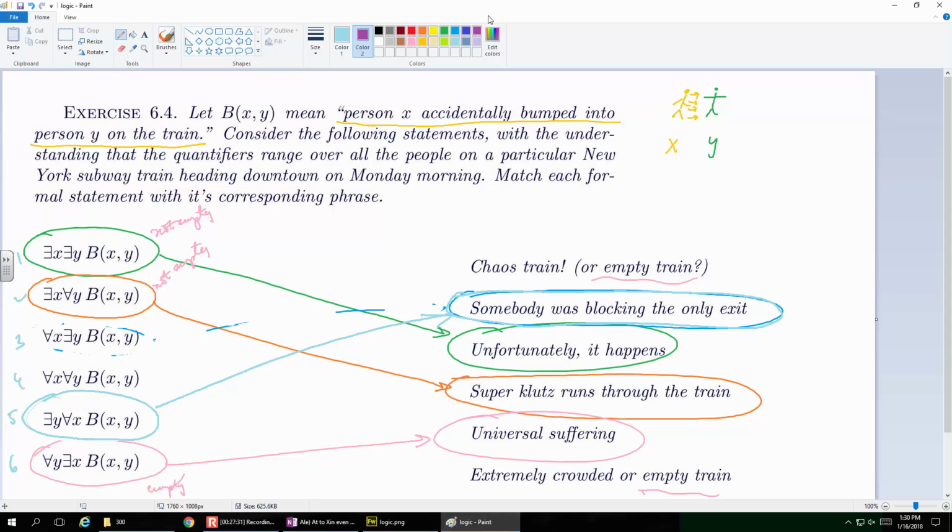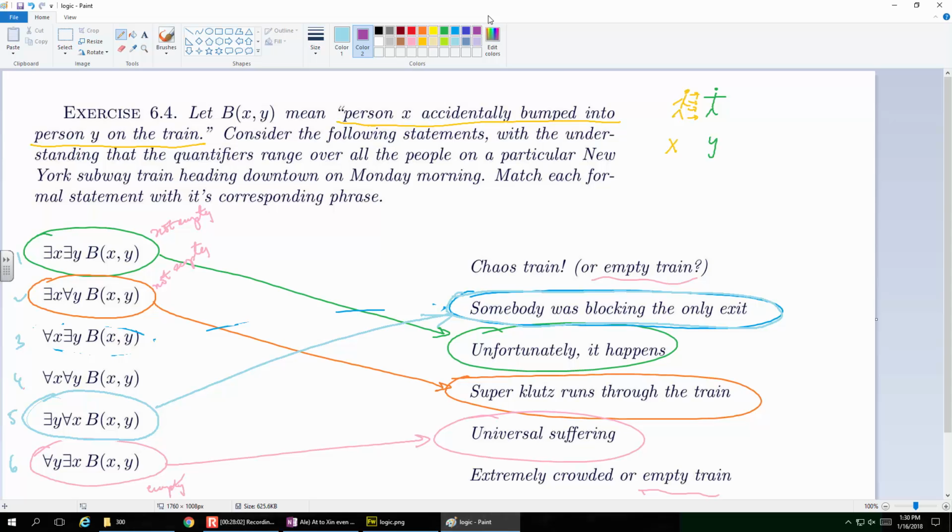I think it is about one individual incident here we are talking about. If it happened to everybody, then you don't say just "unfortunately, it happens," because you have to say it to every single person. Okay, every person on the train, being bumped into, and then you tell them that, well, unfortunately, it happens, but you don't feel any better because of that.